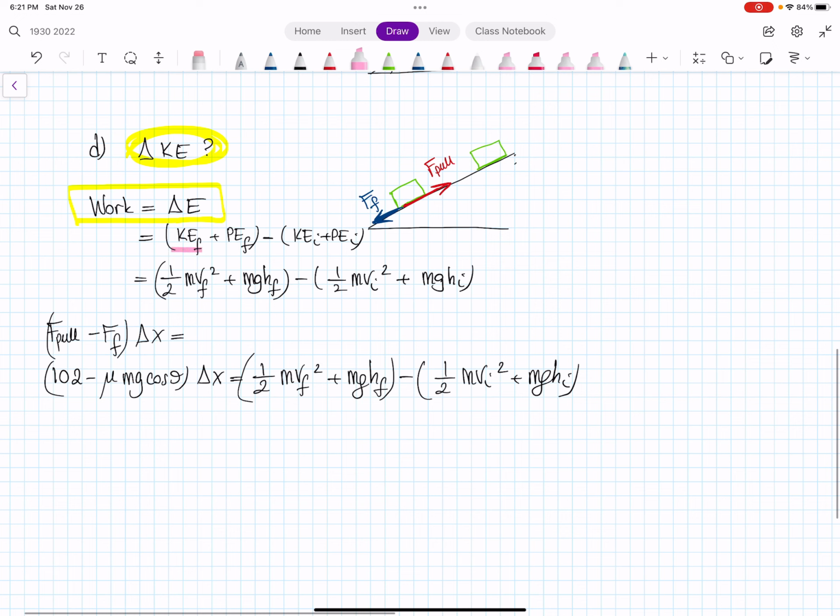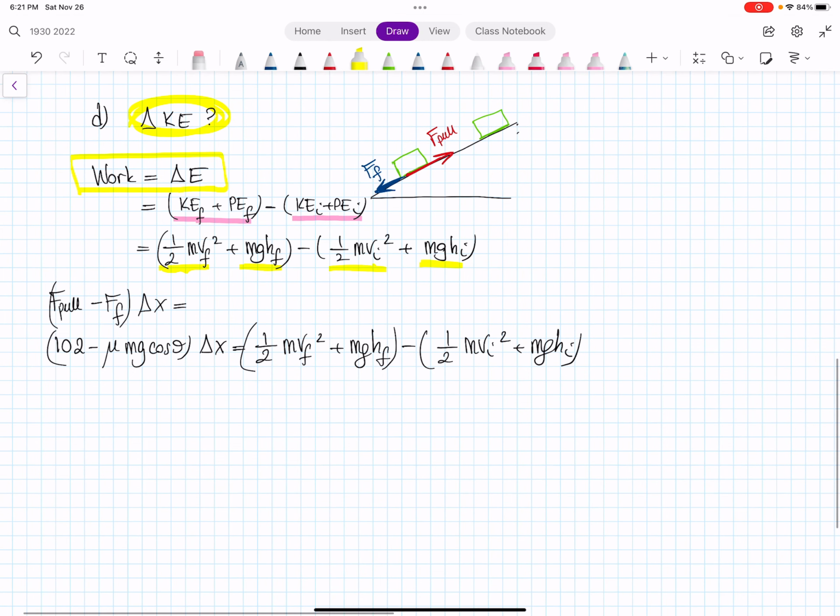Final kinetic plus final potential minus kinetic energy initial plus potential energy initial. Then you have to expand the definition: 1/2 mv_f squared plus mgh final minus 1/2 mv_i squared plus mgh initial. What are you going to put down on the left side of the equation?